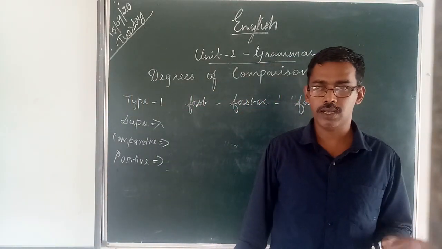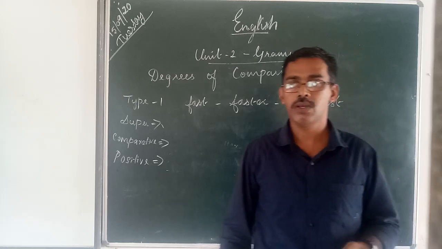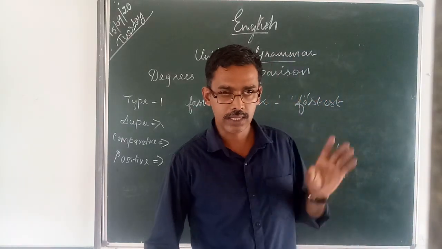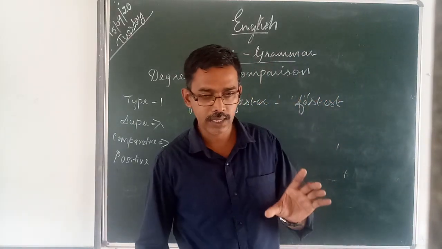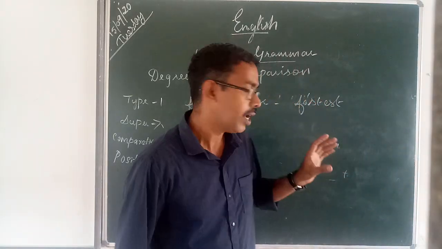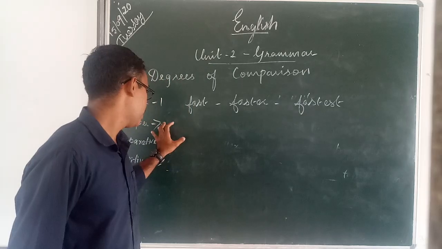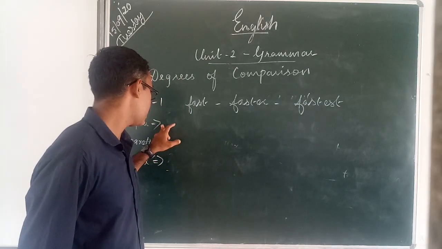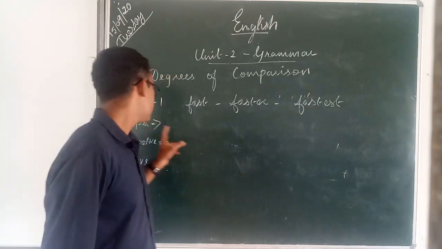For example, consider one person. You know very well about cricket. Consider one person as a fast bowler in your mind, fix it, and write it in the degrees of comparison in the superlative.